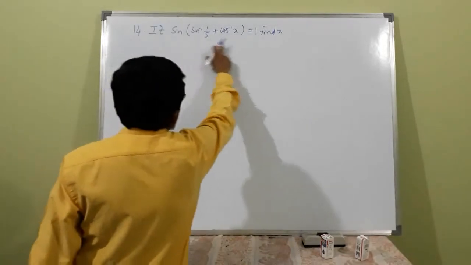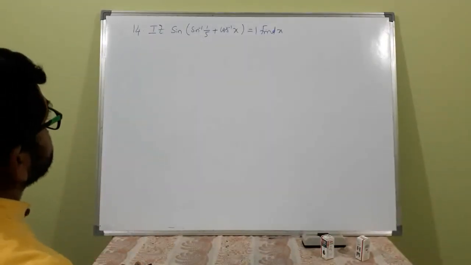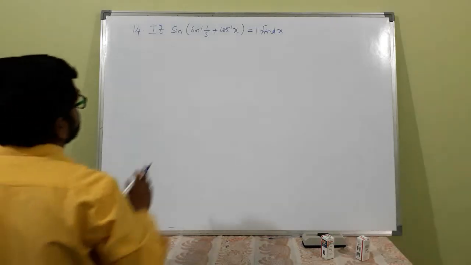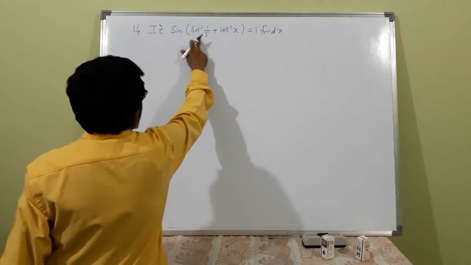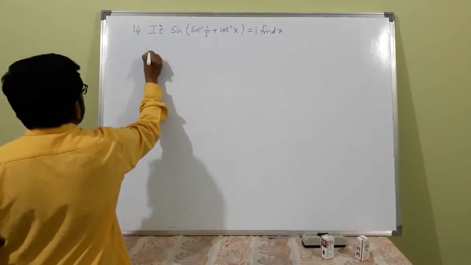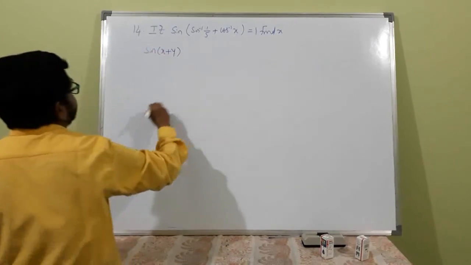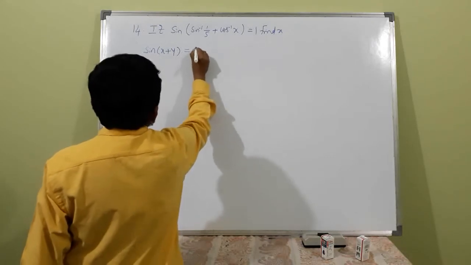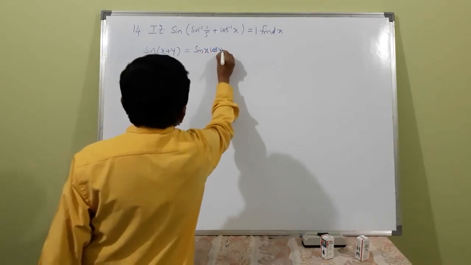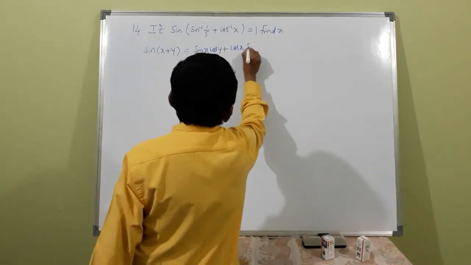So here this expression is given. You have to find the value of x. Okay, sine inverse of 5. Okay, this is sine of a plus b form. Sine of x plus y is equal to sin a cos b plus cos a sin b.